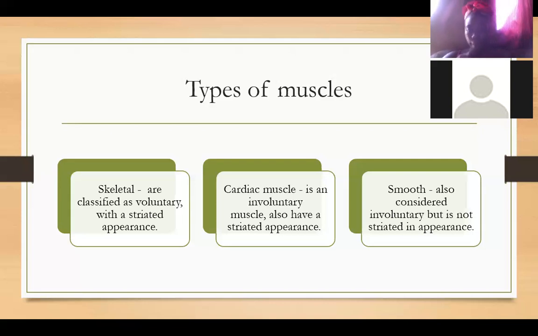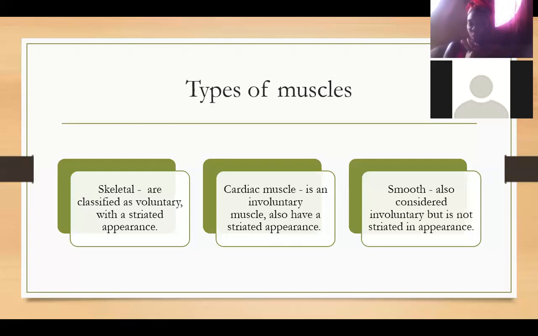The next one. Voluntary and striated. Involuntary and striated. And the smooth is involuntary. You didn't give me the information for smooth. It is involuntary and unstriated. Okay? So simple to remember.